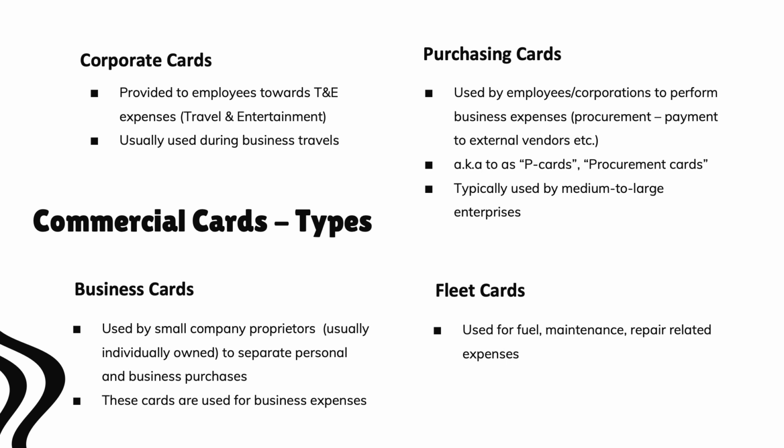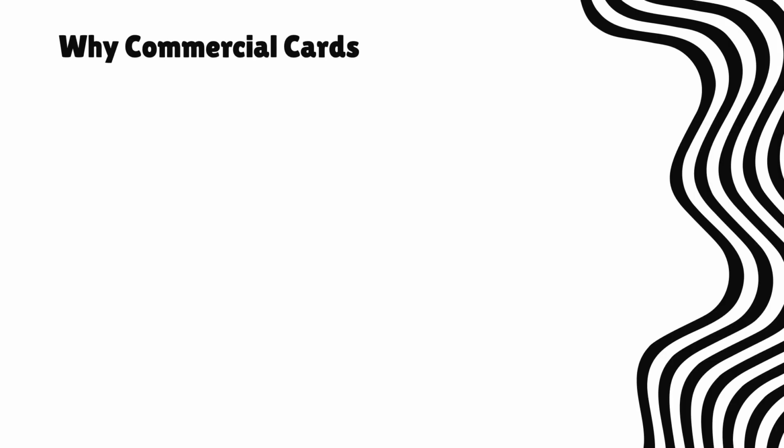The last type of commercial cards are the fleet cards, which are used towards fuel purchases, vehicle maintenance related expenses. As an example, a fleet company might issue this card to a vehicle driver to purchase fuel only. When a fleet card is used at a fuel station, sometimes additional details are collected as well, like the meter readings, etc.